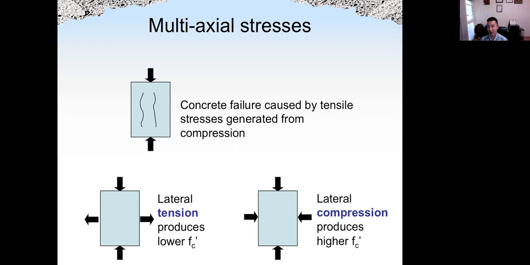So as a result, that will produce a higher f'c. Remember when we talked about the compression test, how much friction is provided by the steel plate will affect f'c for the same reason. Okay.